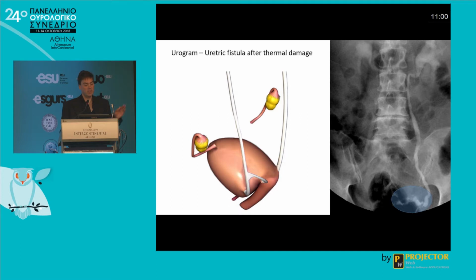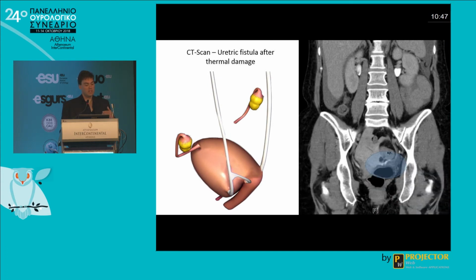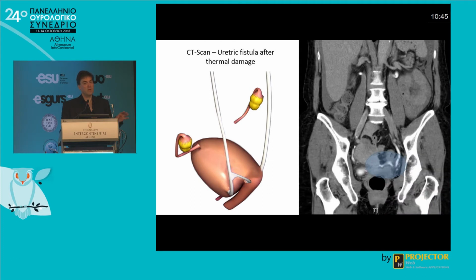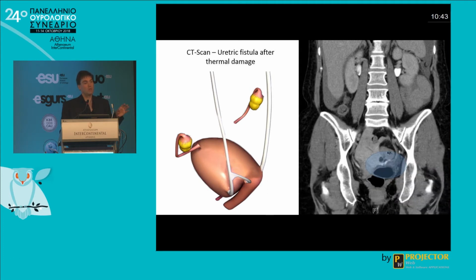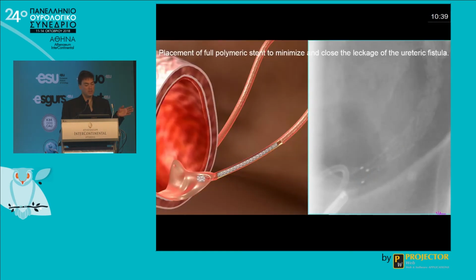In case of a fistula, if we see it, then we put also a stent inside, but not a typical stent. We do then, in these cases, a fully covered stent inside. And the fully covered stent makes the fistula dry in the same moment where we put it inside. It is really simple to do.